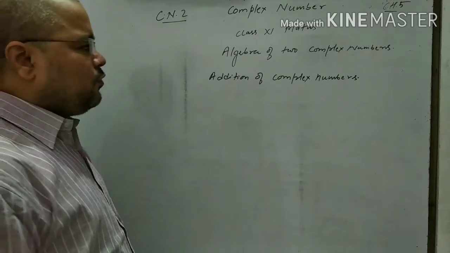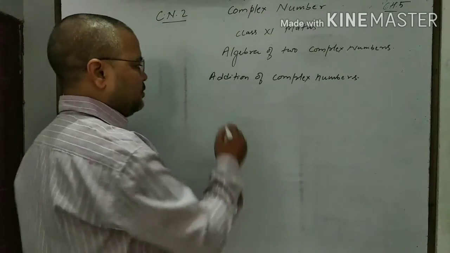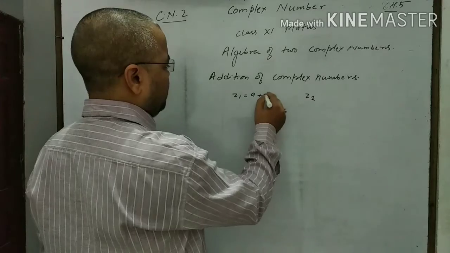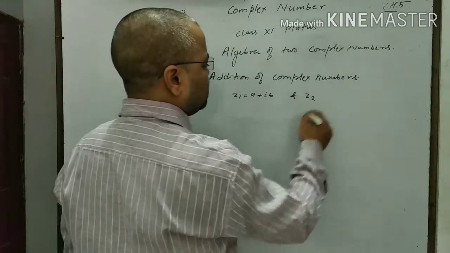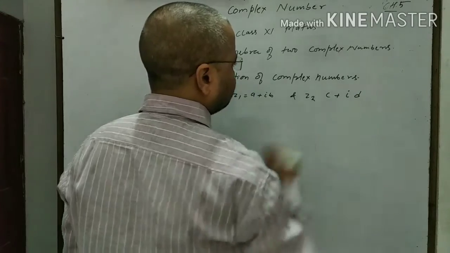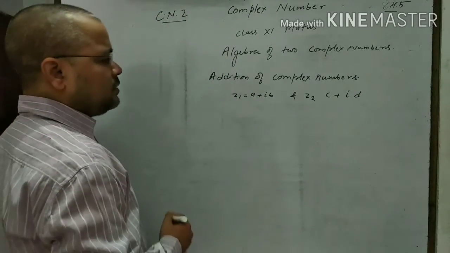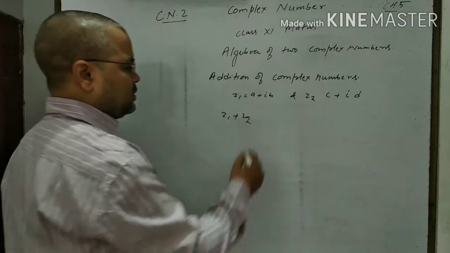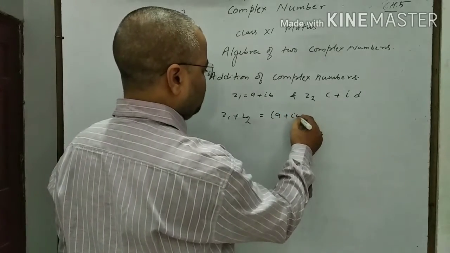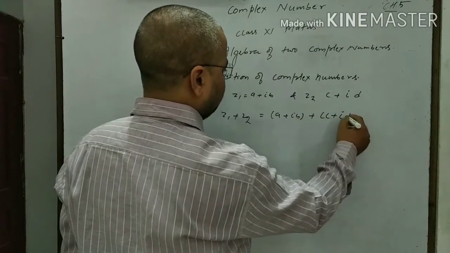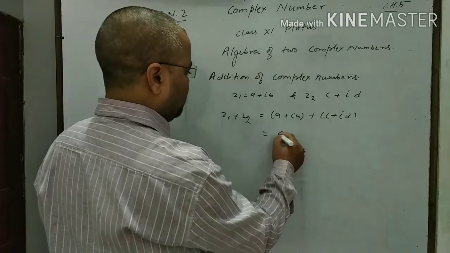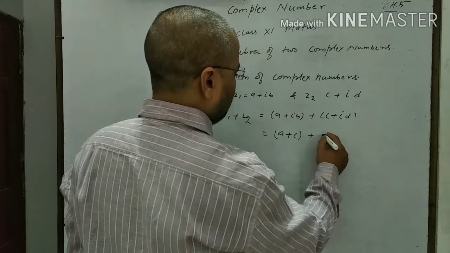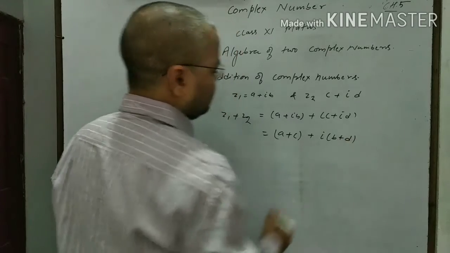Dear student, if we have two complex numbers Z1 and Z2, where Z1 is a plus ib and Z2 is c plus id, then the addition of the two complex numbers, Z1 plus Z2, is defined this way: a plus ib plus c plus id, then it will be a plus c plus i times b plus d.